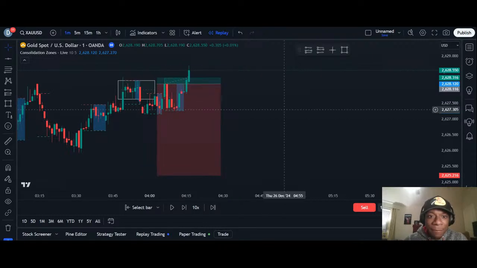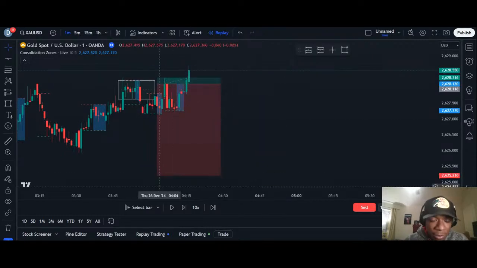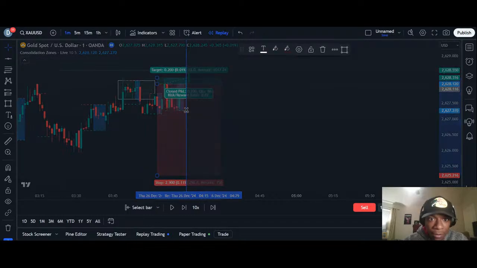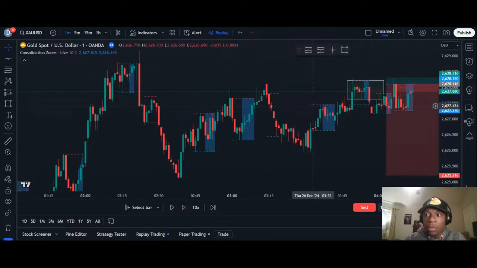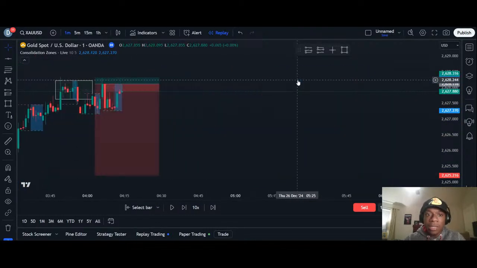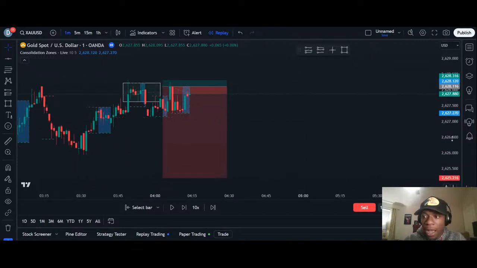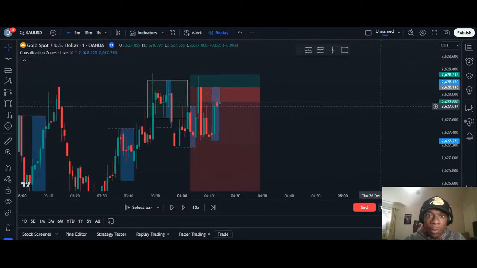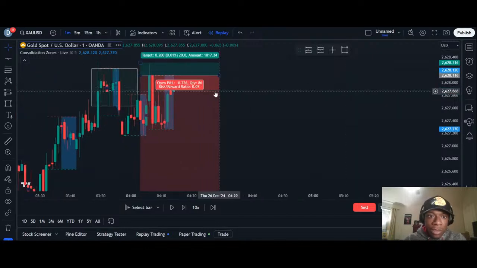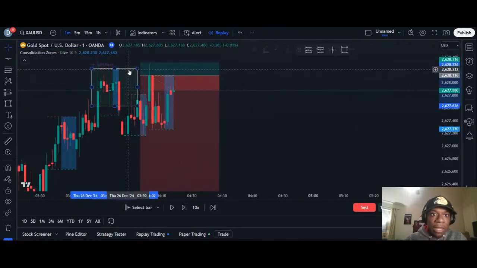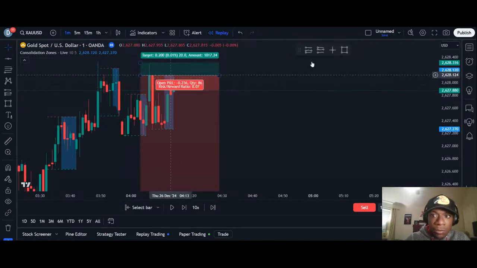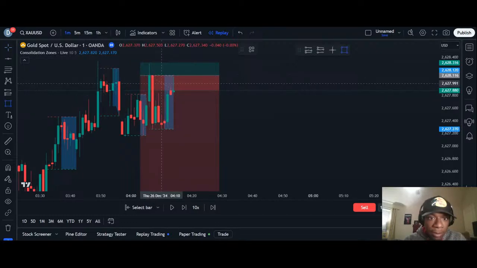All right. I'll touch on something real quick. This is like the only time where I would maybe hop in for another trade while I've got one active. You see how this zone, we've been in this trade for about 7 minutes so far.